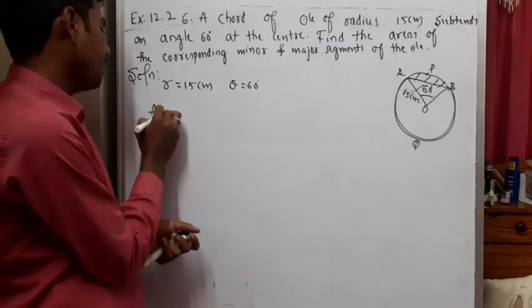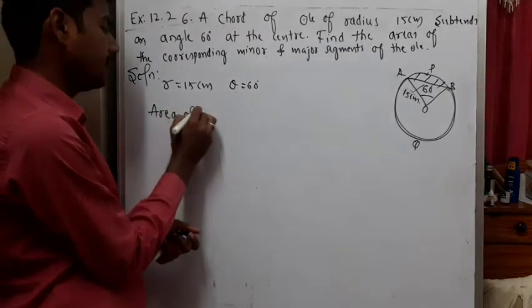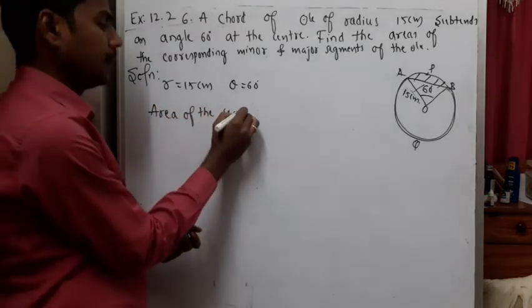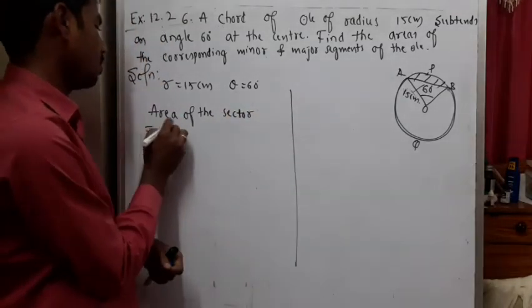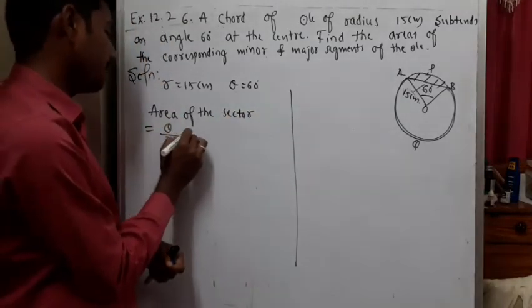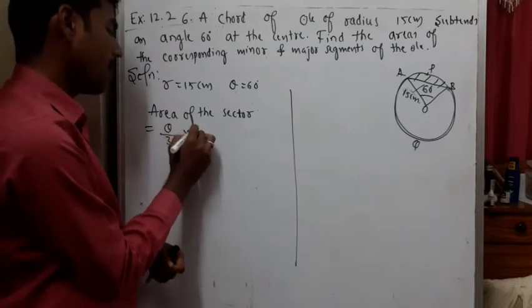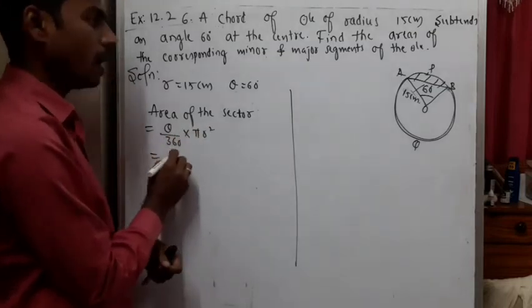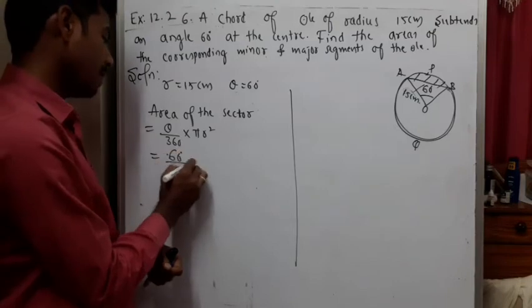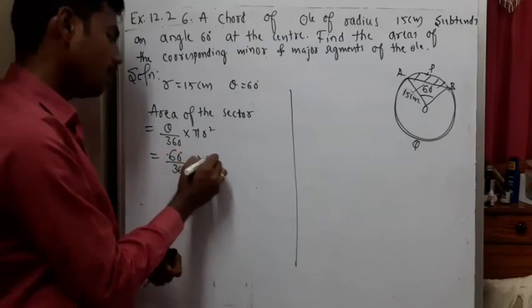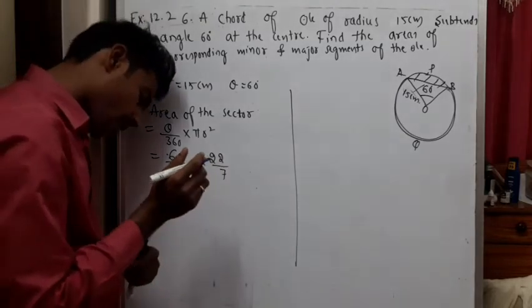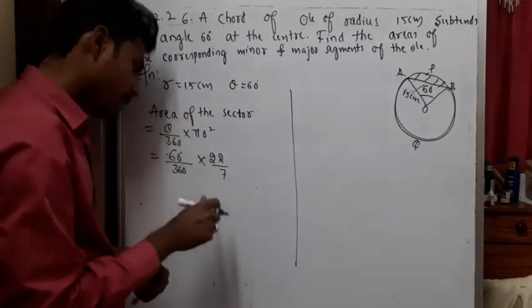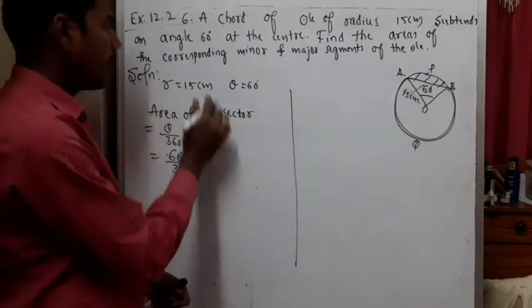Area of the sector. First we will calculate the area of the sector. Area of the sector is equal to theta divided by 360 into pi r square, which is equal to 60 degree divided by 360 into pi. For pi they have given the value in the bracket.